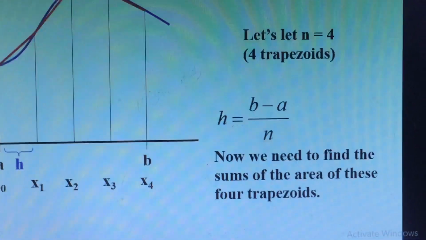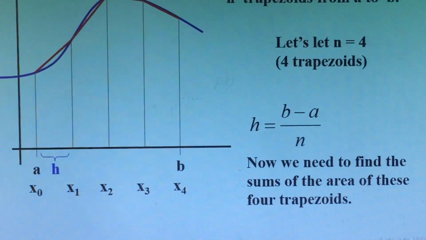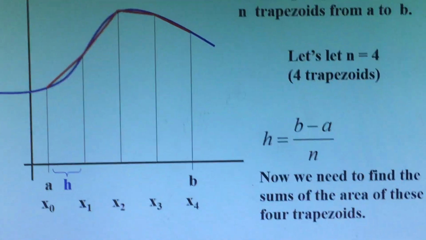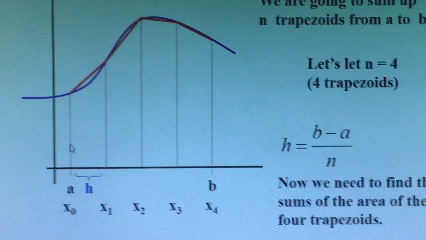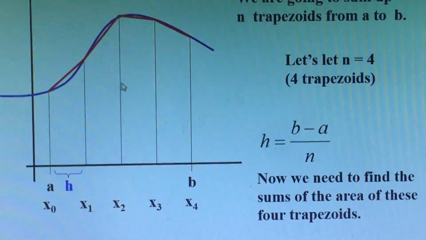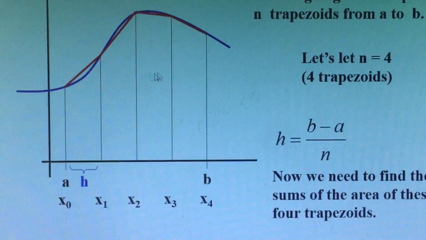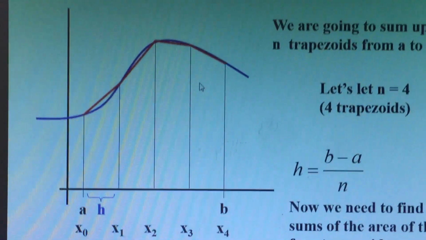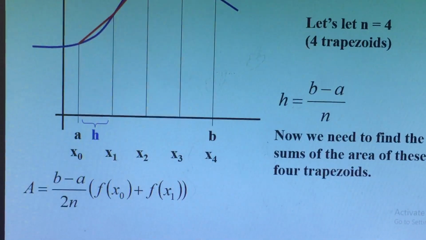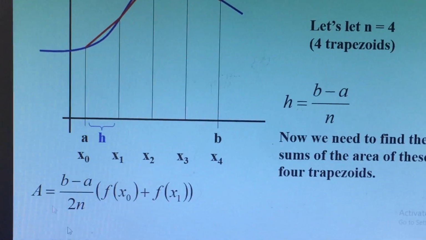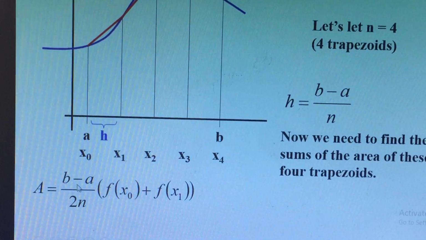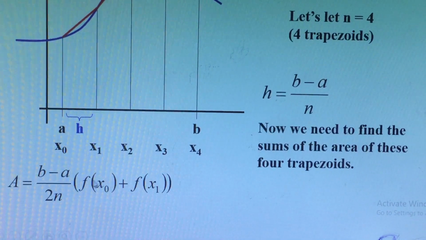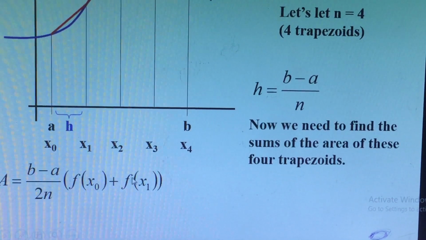Now we need to find the sum of the areas of these four trapezoids, and that is equal to the area under the curve, right? If you calculate the first area of a trapezoid, the second area, and then sum up these areas, it equals the area under the curve. So the area would be 1 over 2 times h times the two different bases.